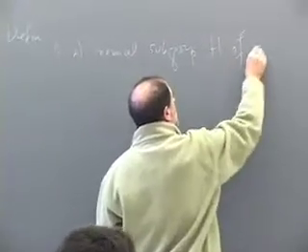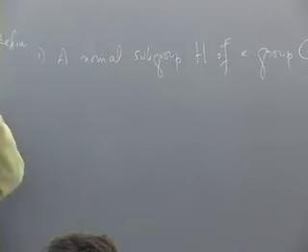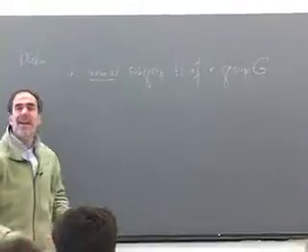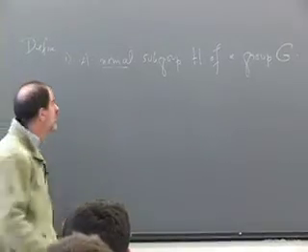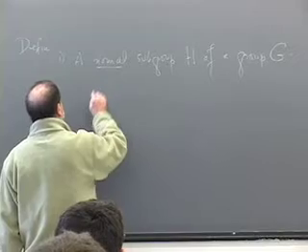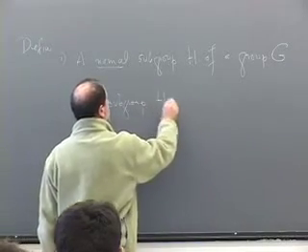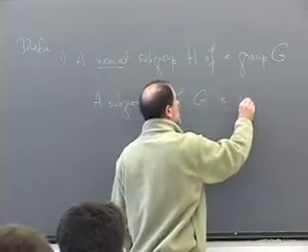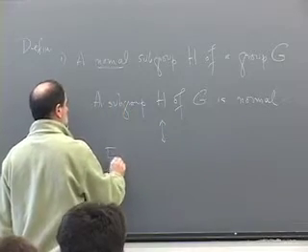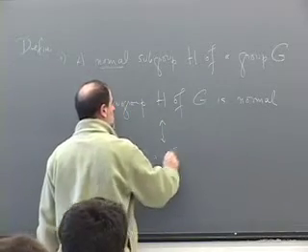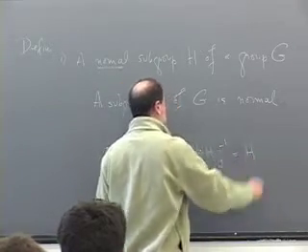H of a group G. We might underline that, indicating that would be the key thing to define, or that might be in italics. A good answer to this kind of question would be: a subgroup H of G is normal if and only if for all g in G, gHg inverse is equal to H. Something like that.